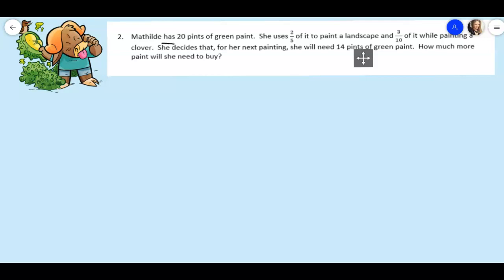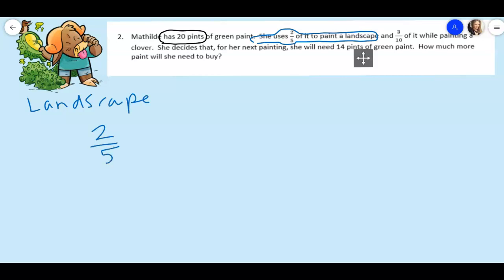We first of all know that she has 20 pints. Out of that 20, we see that she's going to use 2/5 of it to paint a landscape. So let's look at landscape. She uses 2/5 of 20 pints. That's actually 2 times 20 over 5.